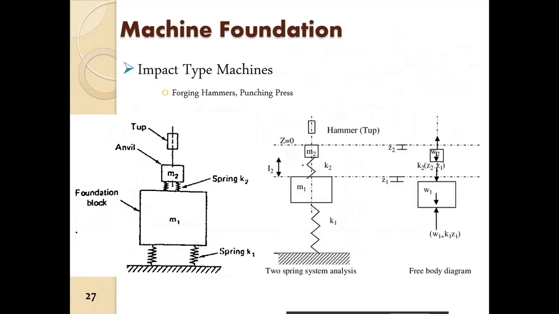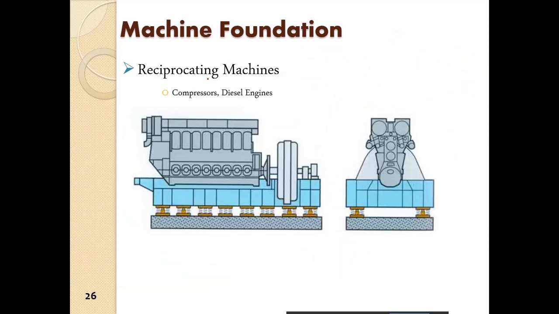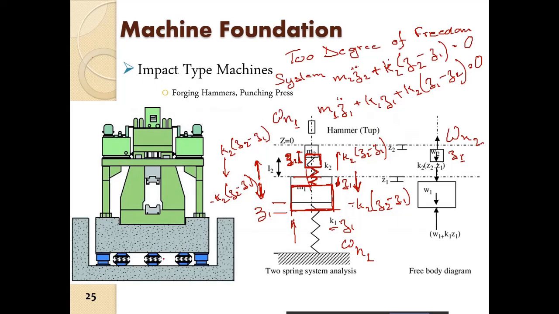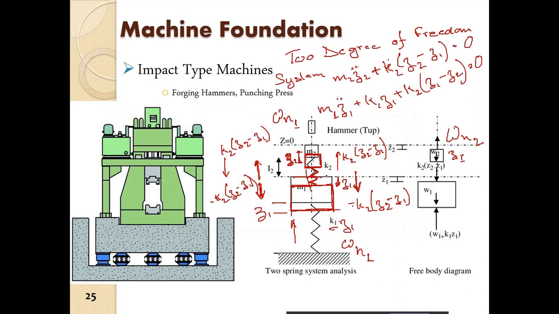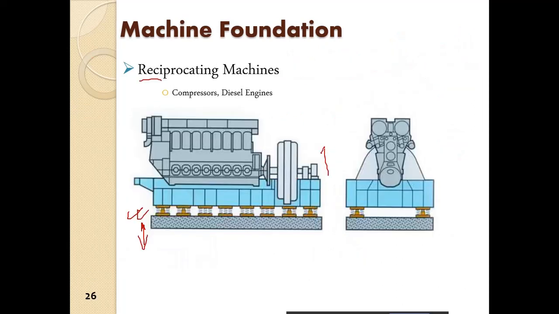Reciprocating machines can also sometimes be isolated in that way. Just like this, we can give a spring and isolate the vibration to the foundation. So that is a similar concept to this one. We have 2 degrees of freedom: this is the mass moving up and down over the spring, and we have the foundation here on top of the soil.